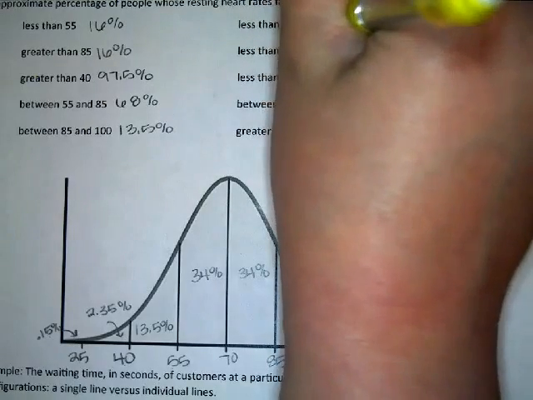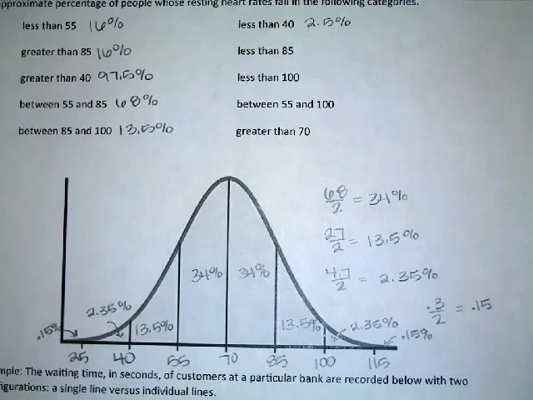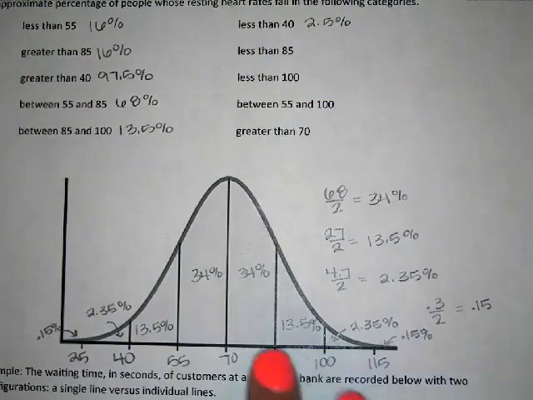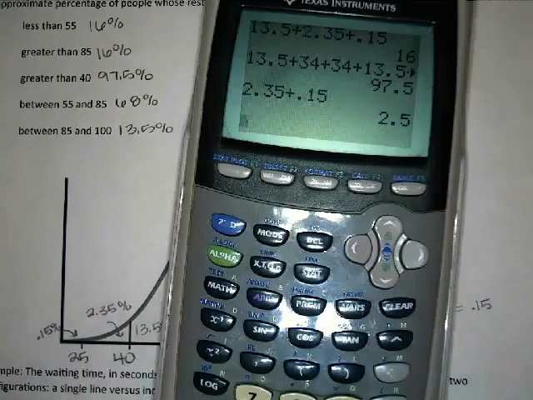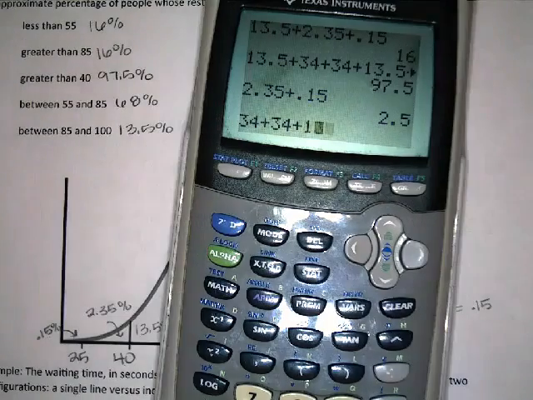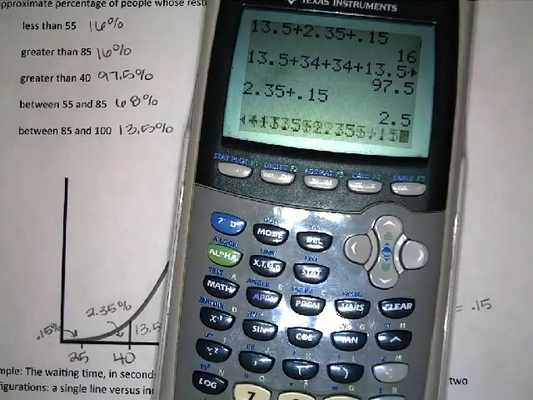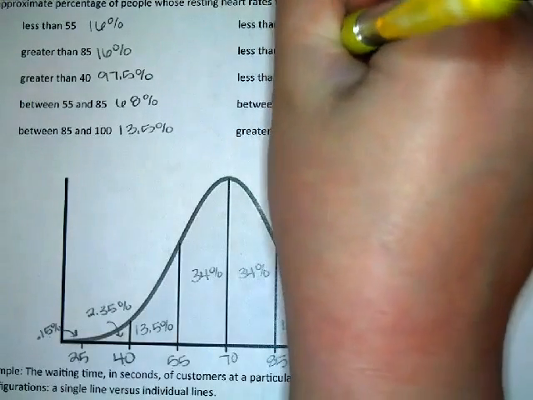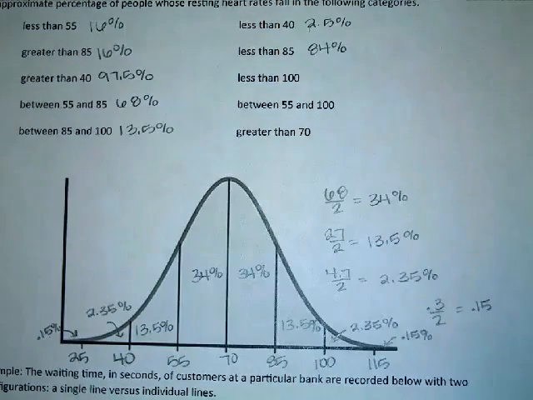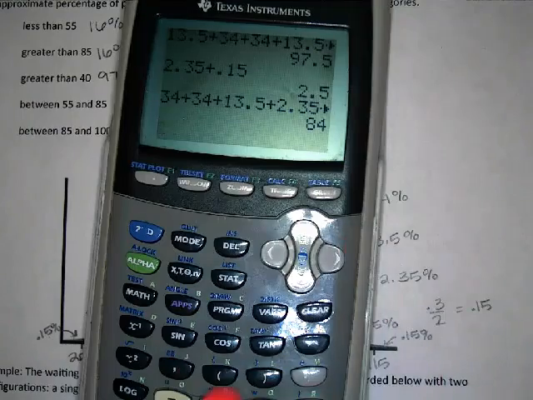Less than 85, so from here down, 84%. Less than 100, okay, so it's what we just had, it's 84 plus a little bit more, 97.5%.